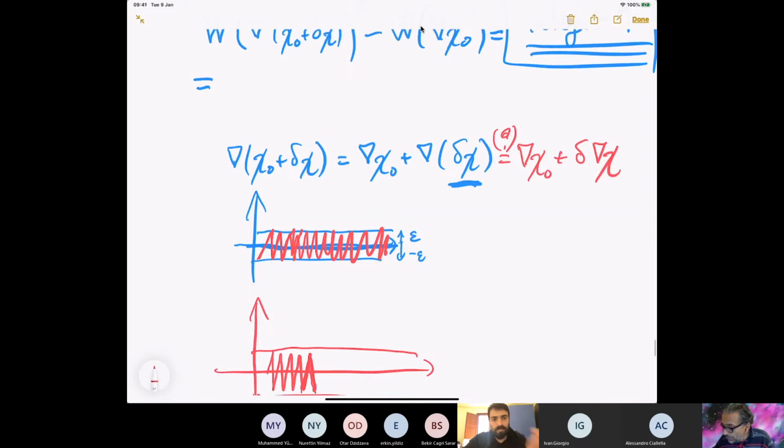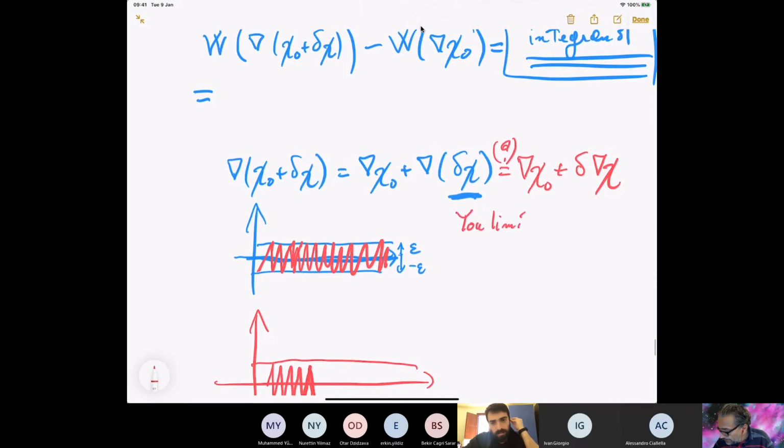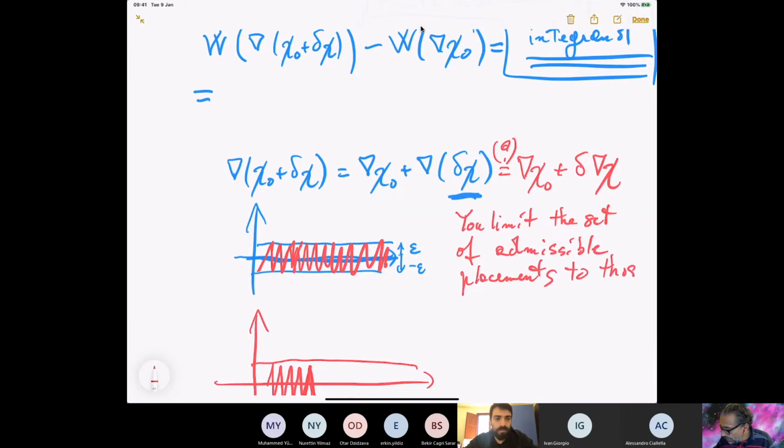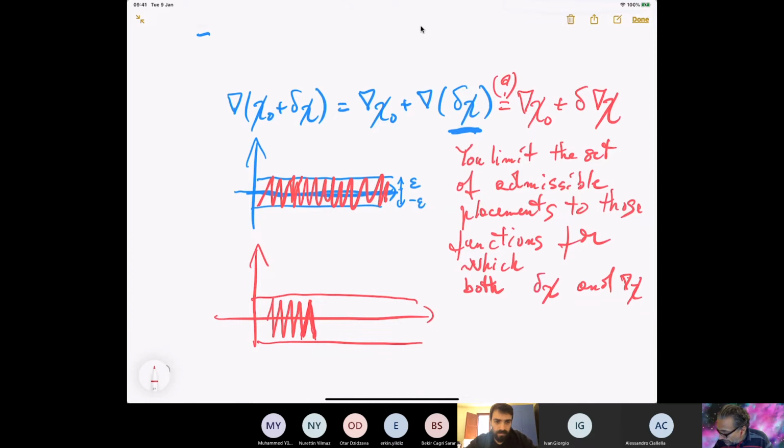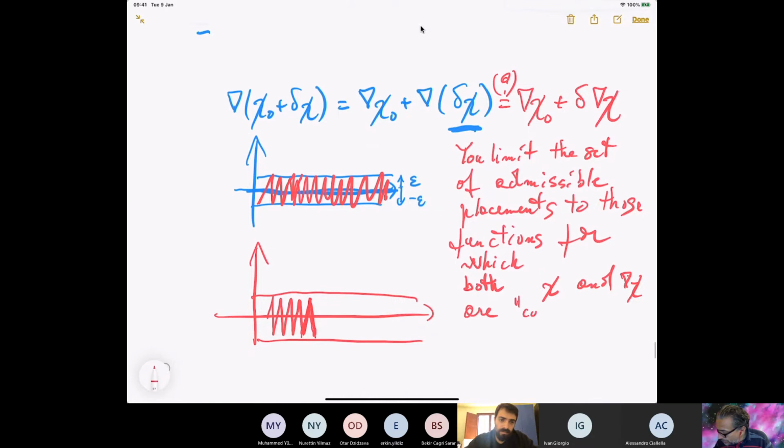So you limit the set of admissible placements to those functions for which both the function and the gradient of the function are controlled.